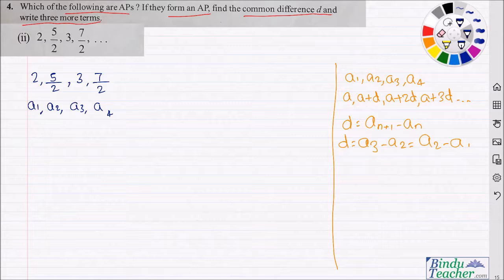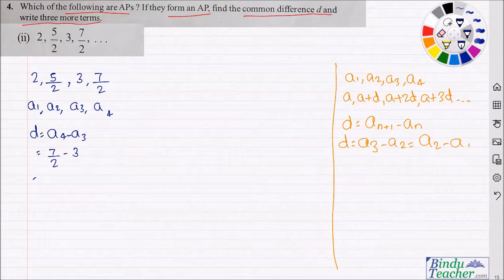We'll start by finding the common difference. D equals A4 minus A3. Here the value of A4 is 7 by 2 minus A3, which is 3.